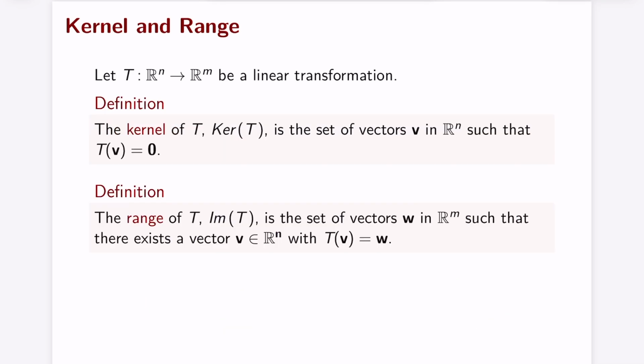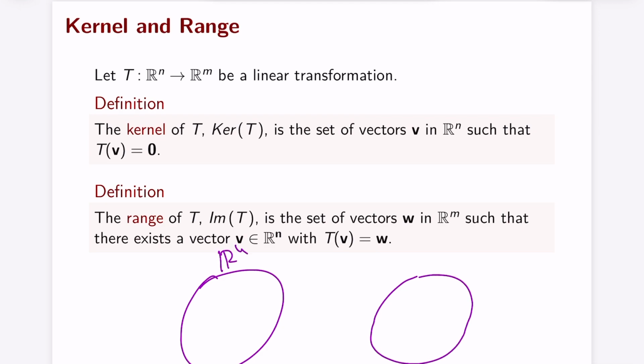The range of the transformation, if we have again Rn, Rm, and a transformation T here, is a subspace of the codomain.